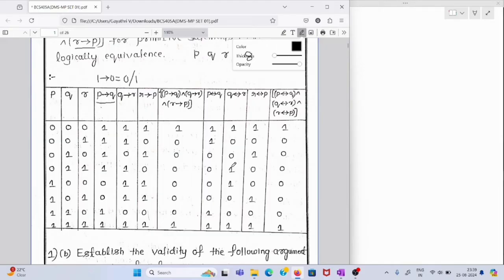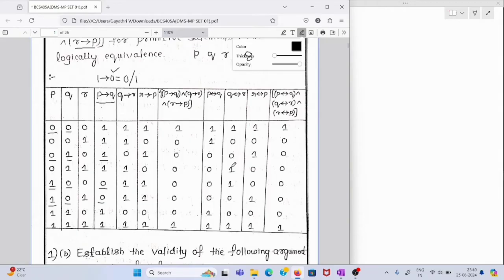So look here: 0 conditional 0 is 1, 0 conditional 0 again 1, 0 conditional 1 again 1. Now if you observe, 1 conditional 0 is 0, which is the conditional law. Likewise 1 conditional 1 is 1, 1 conditional 0 is 0, and the rest of the values will be 1. The same applies for Q conditional R.